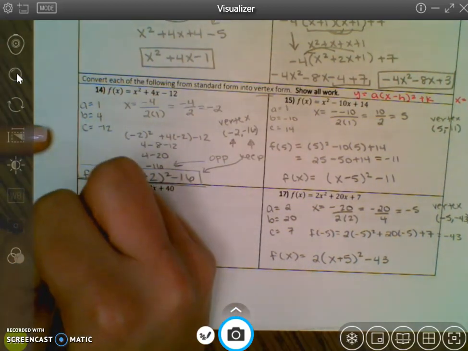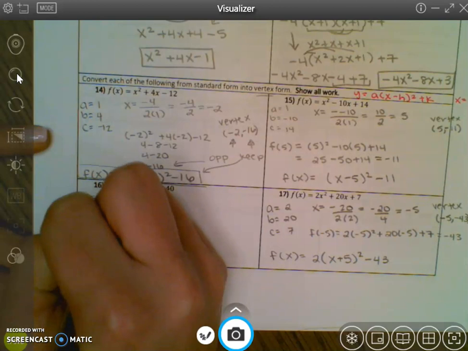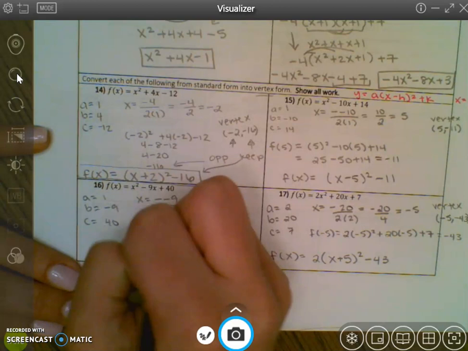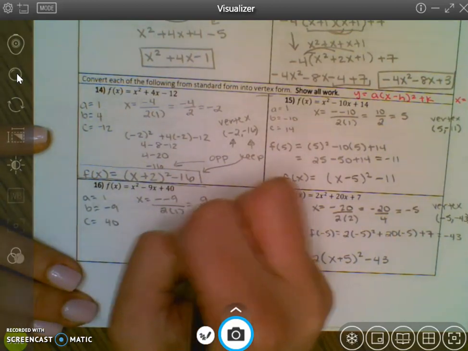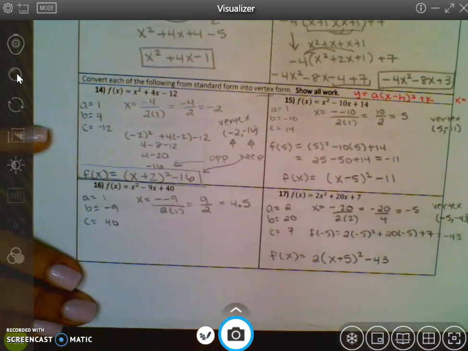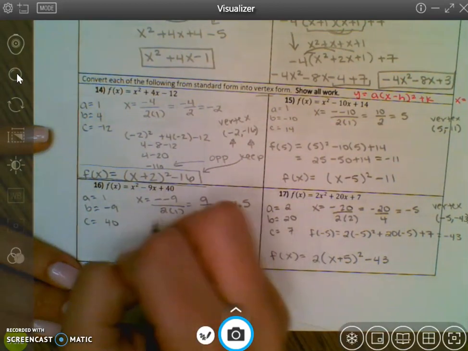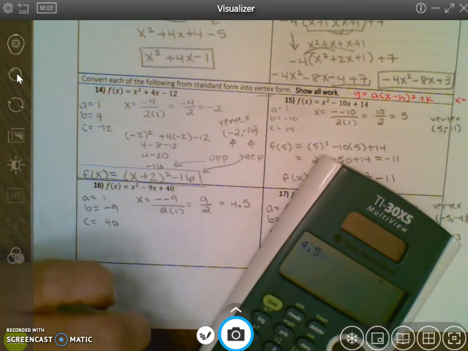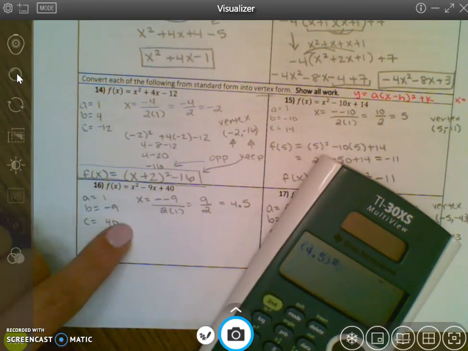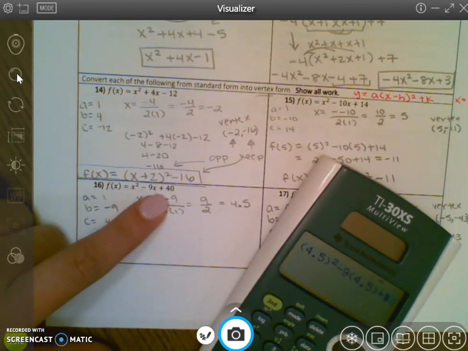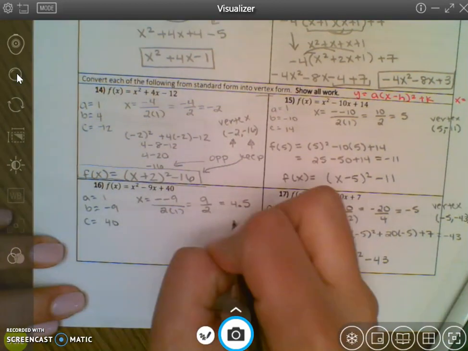Okay, and then this one, A, B, C: 1, negative 9, and 40. x equals negative negative 9 over 2 times 1, which equals 9 over 2, which is 4.5. Okay, we really don't like decimals, but we can use a decimal. Plug it back in. 4.5 squared minus 9 times 4.5 plus 40 is 19.75.